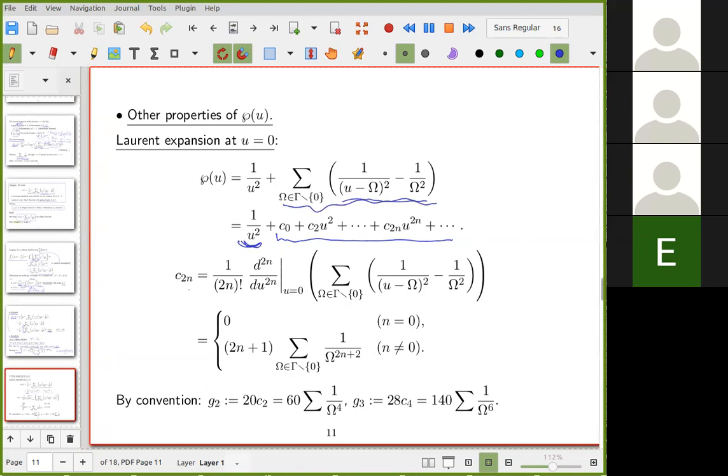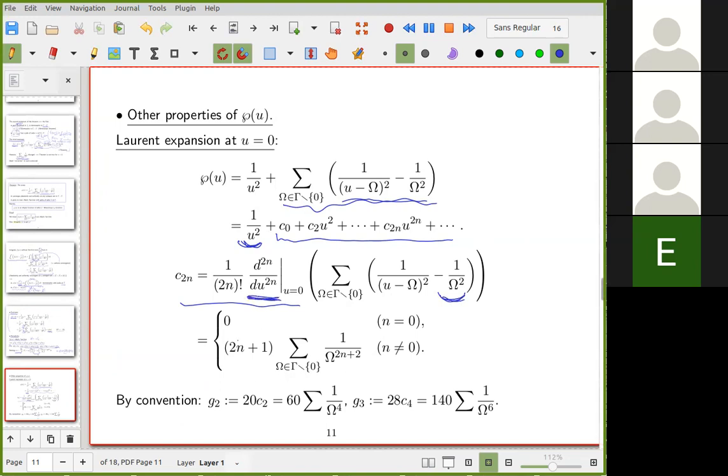Therefore, by Taylor's formula, we have this formula, and this is not difficult to compute. We can neglect this constant because we take derivatives.